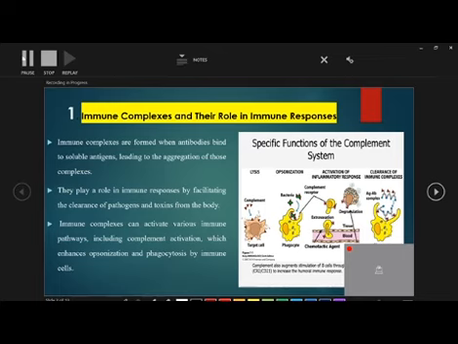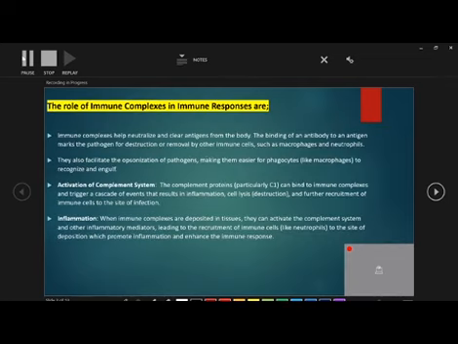You well know that phagocytosis is the process by which pathogens are engulfed by phagocyte cells.